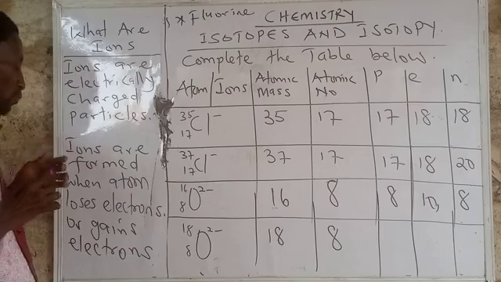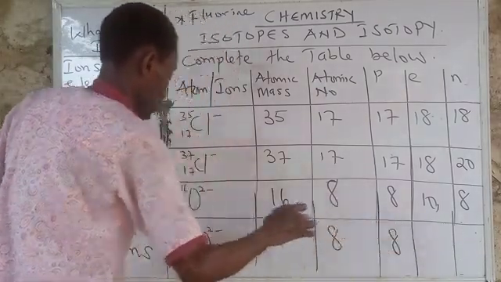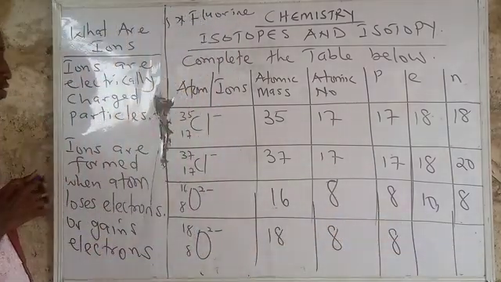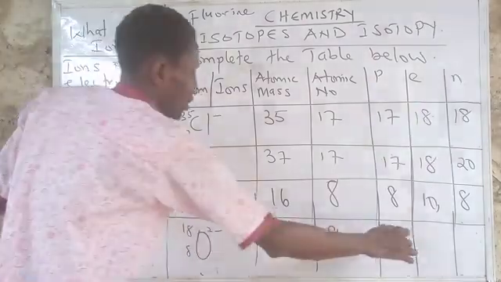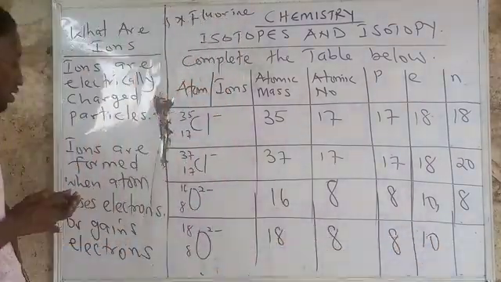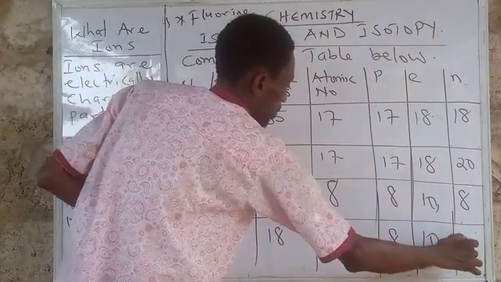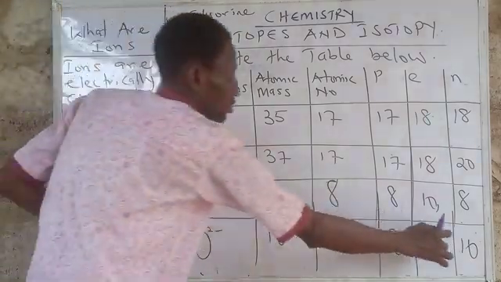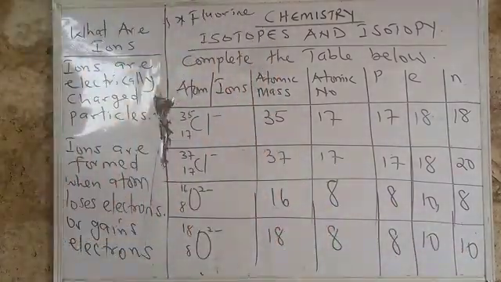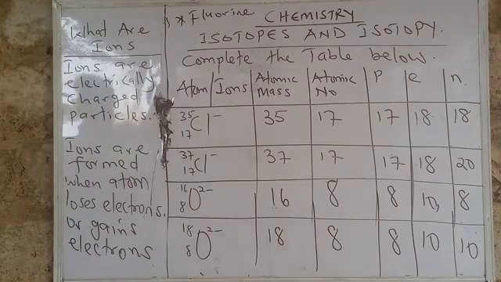The number of protons 8. The number of electrons 10. While the number of neutrons, subtract 8 from 18. That is 10. I want to believe that is clear to everyone.